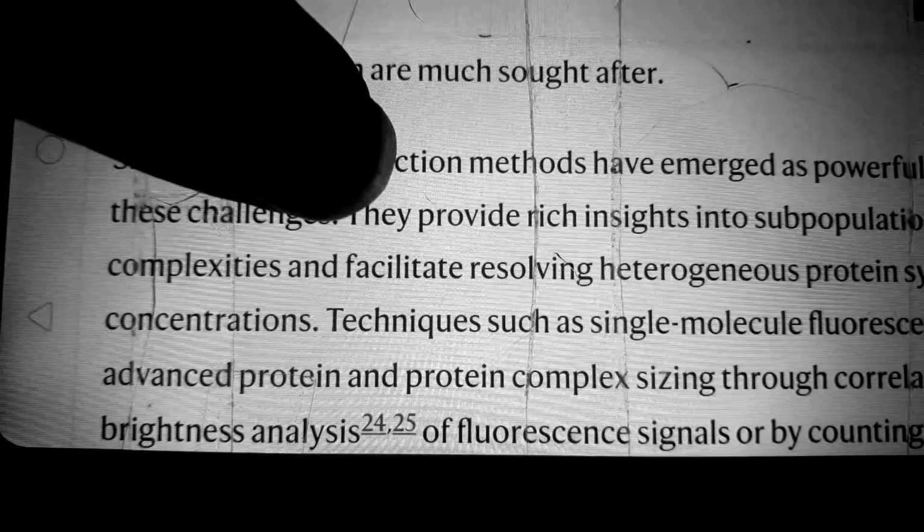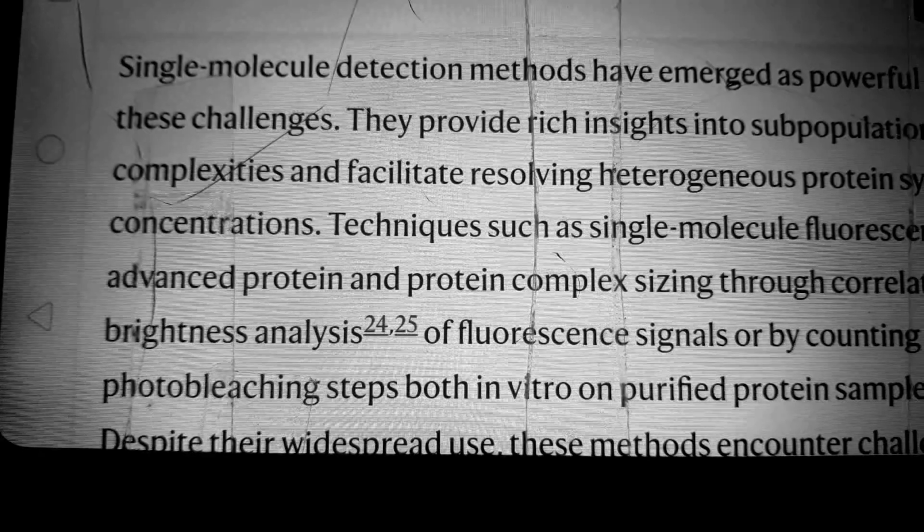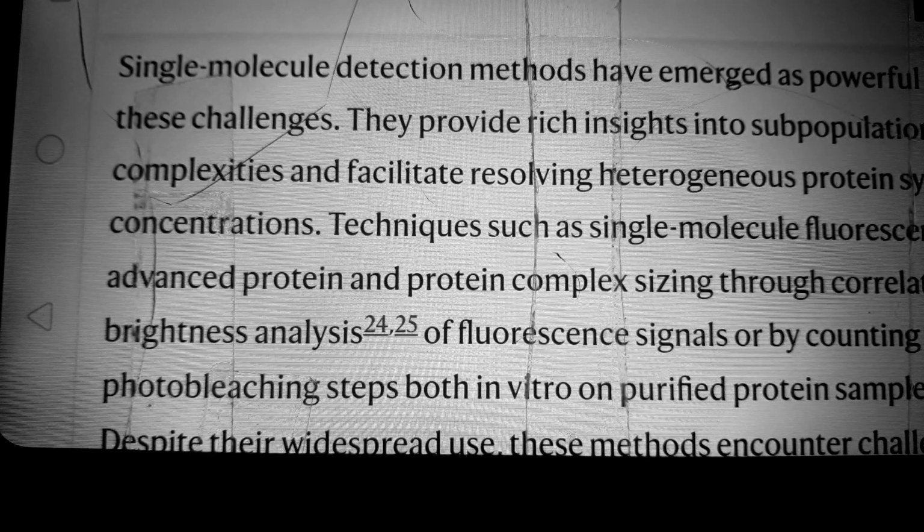Single molecule detection methods have emerged as powerful tools in addressing these challenges. They provide rich insights into subpopulations and compositional complexities and facilitate resolving heterogeneous protein systems at ultra-low concentrations.